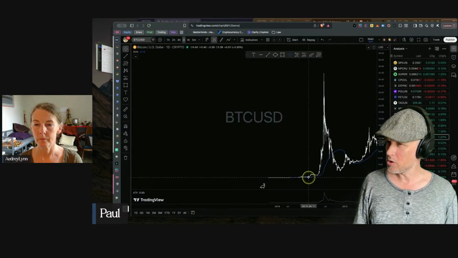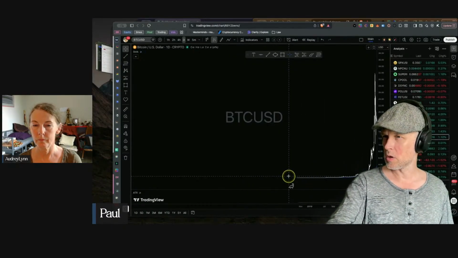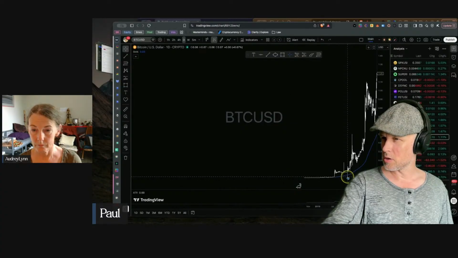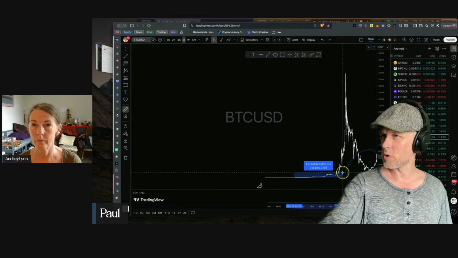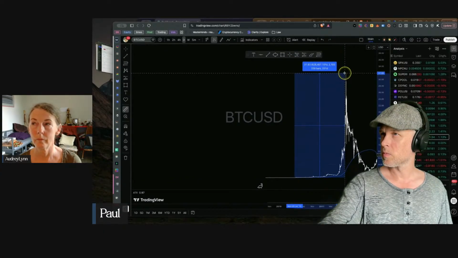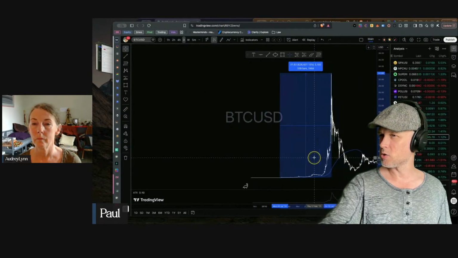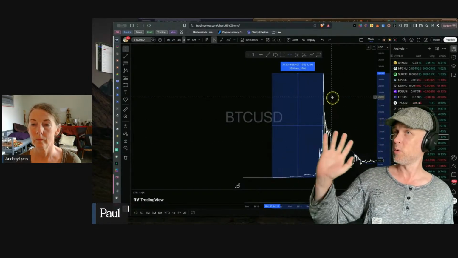Now, what we are going to do is go from the low to the high. So this is where the low was, right in here. Before the run, that doesn't really count because it just wasn't a thing. So this was a great little spike. It gave us Bitcoin on the map.